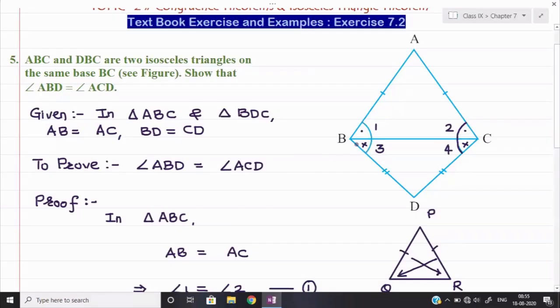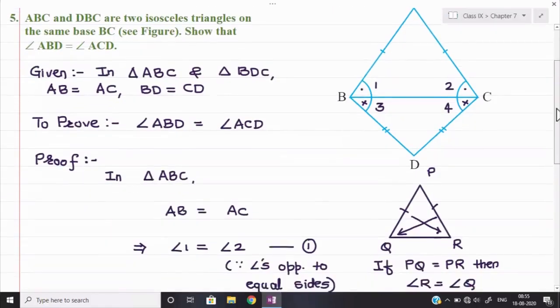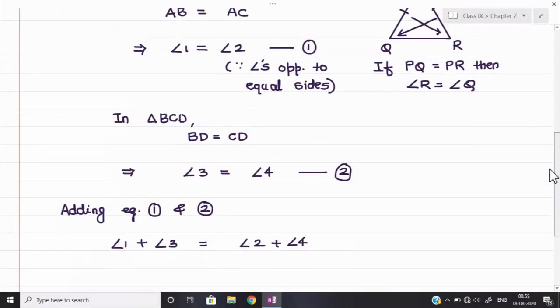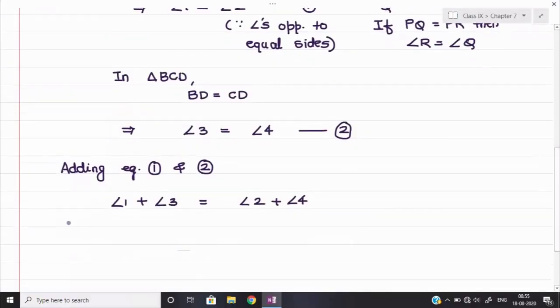So here we can say angle ABD we got equal to angle ACD. Okay, because after adding those two angles we are getting the required angles. So angle 1 plus angle 3 will be equal to angle ABD, and angle 2 plus angle 4 will be equal to angle ACD, and this is only required to be proved equal.